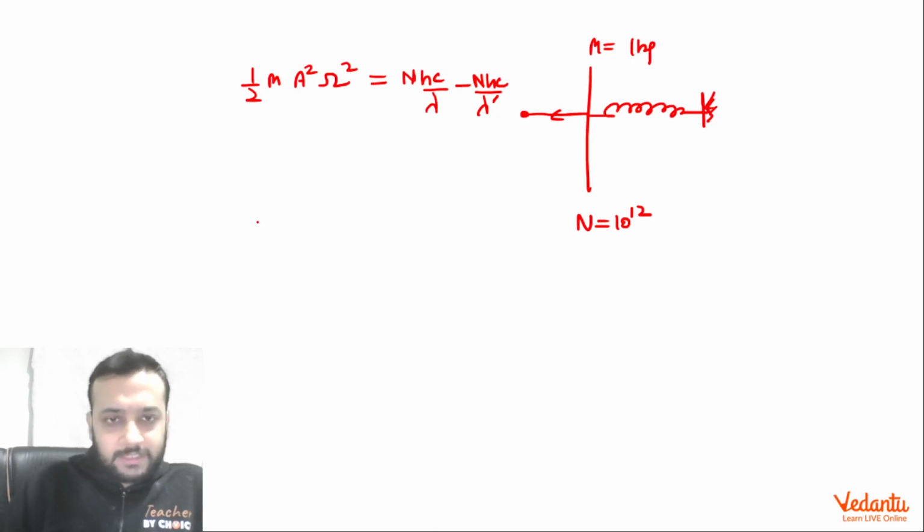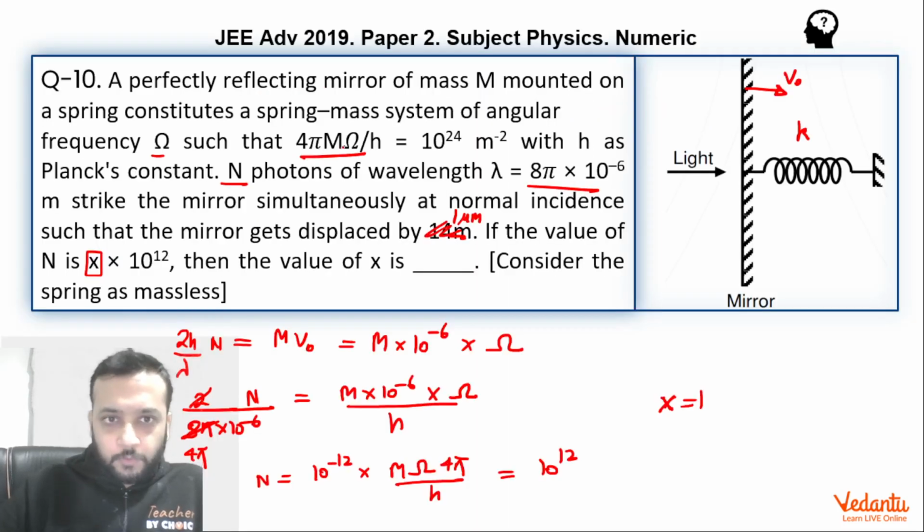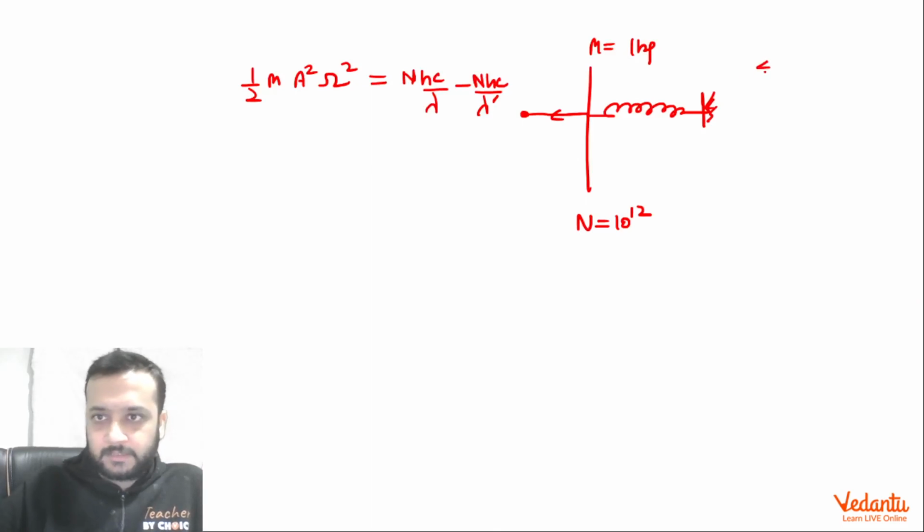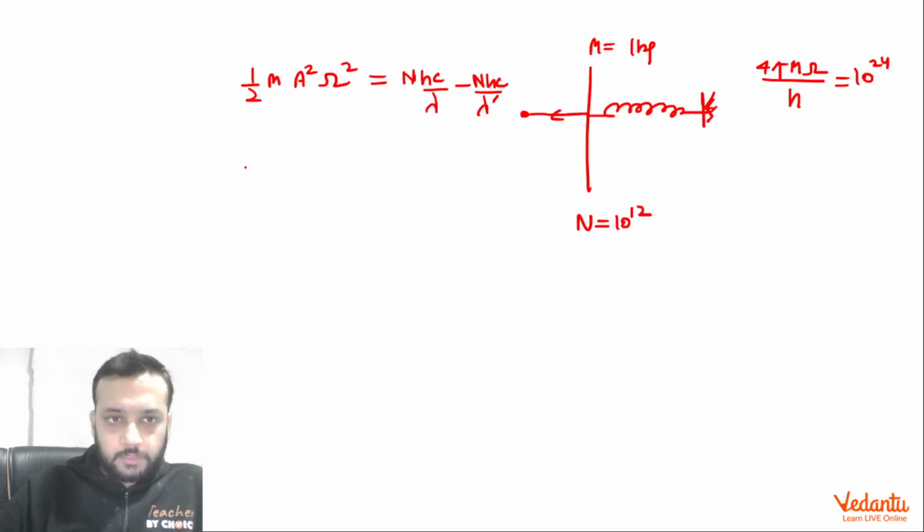Now if you use the relation given in the question, 4 pi m omega by h is 10 to the power 24. Here m is 1, so we can substitute it as 1, just for the calculation. A was 10 to the power minus 6, so a square becomes 10 to the power minus 12.